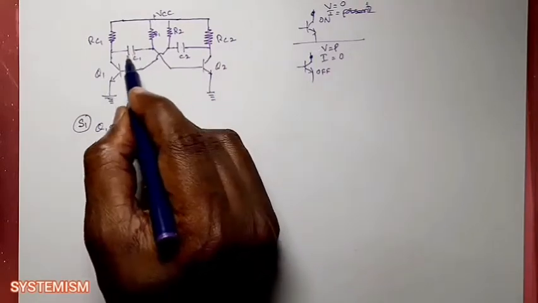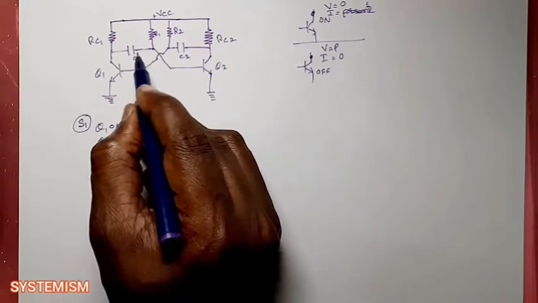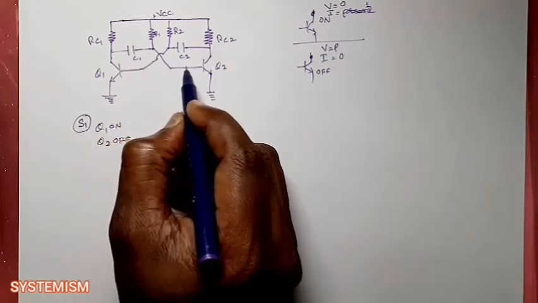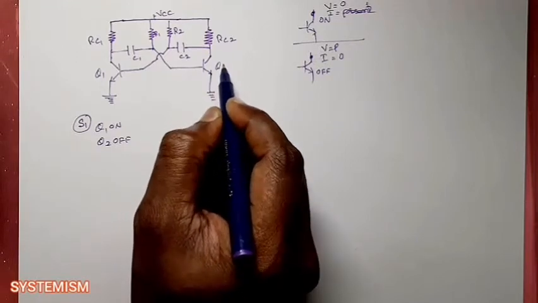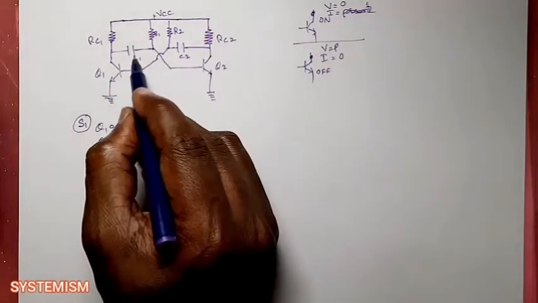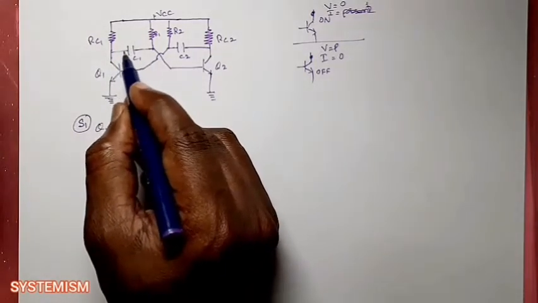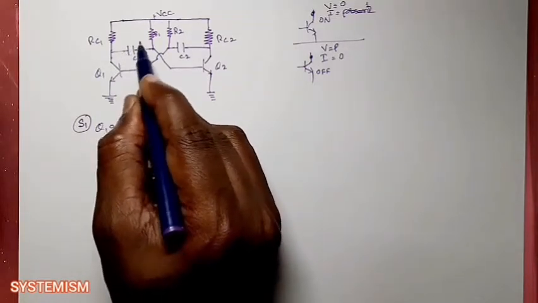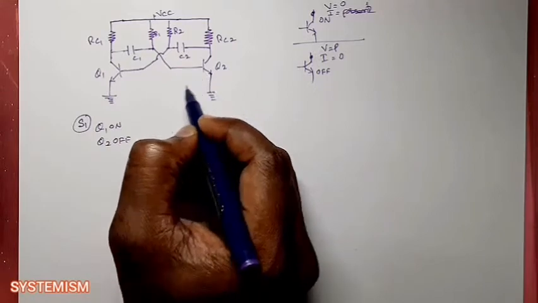So when the voltage of this capacitor is going on increasing, at a certain time this voltage will be enough to turn on this Q2 transistor.